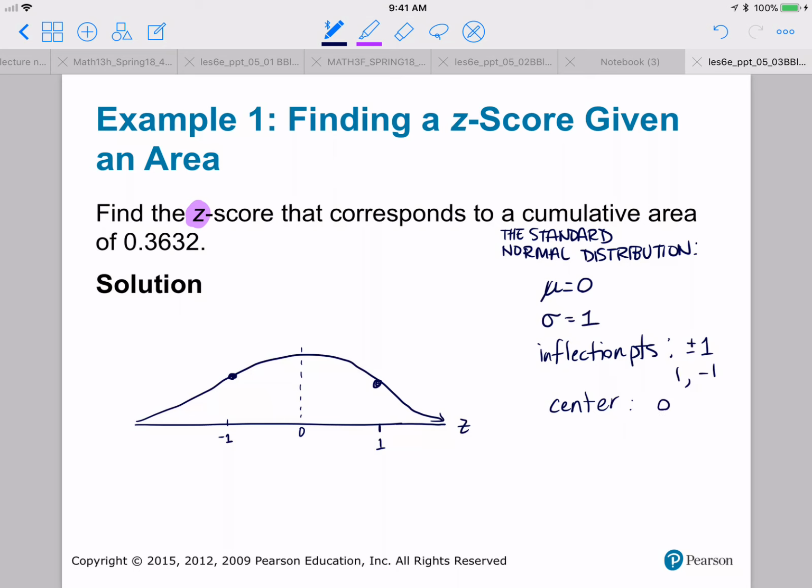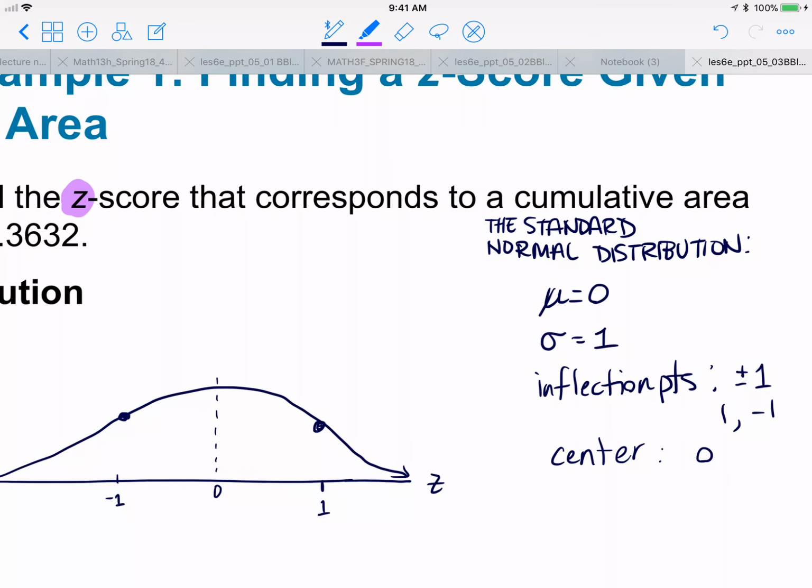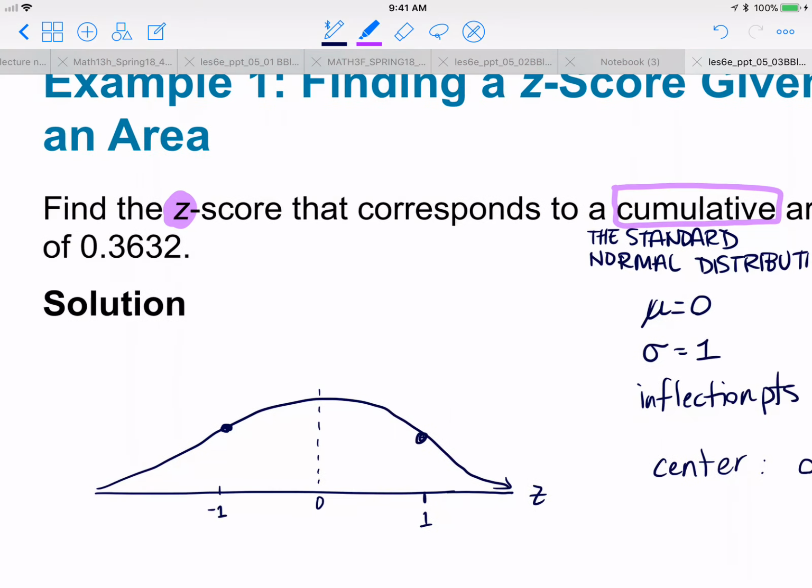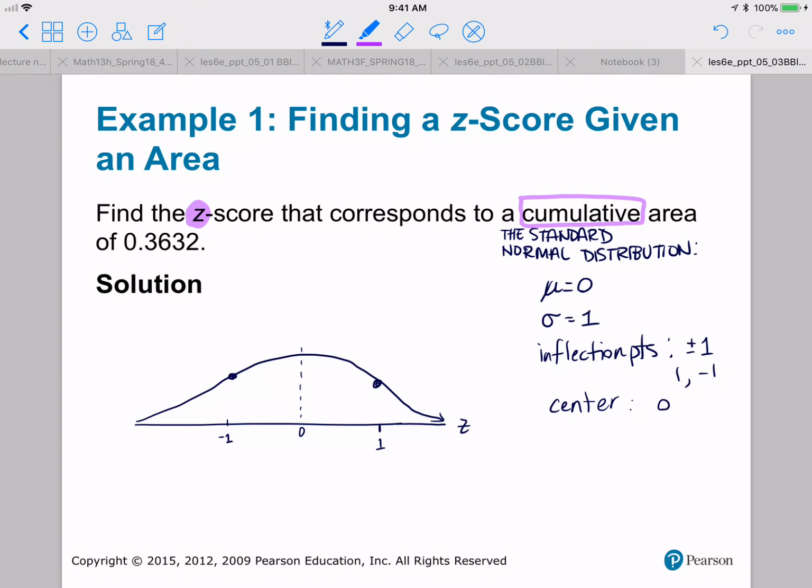Okay, so we've got our layout. Now we need to shade the appropriate region. Notice here that we want the z-score that corresponds to a cumulative area of 0.3632. That means the area to the left needs to be 0.3632, right?